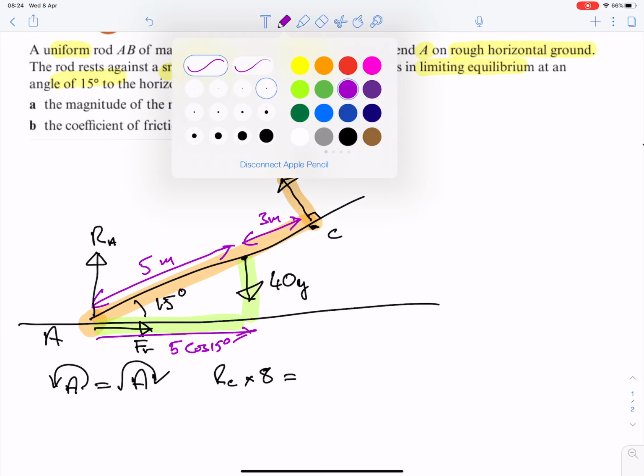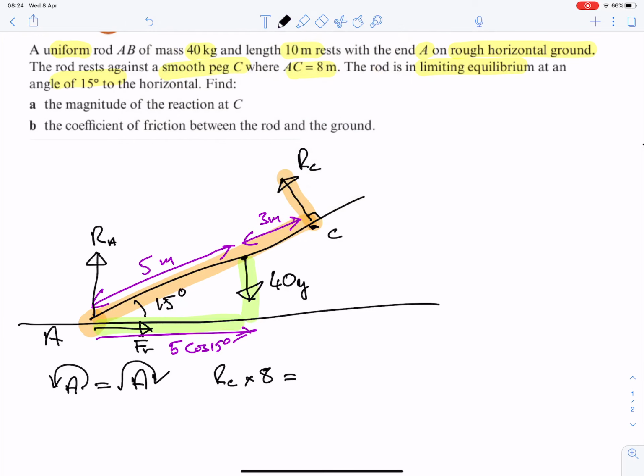So we are going to have 40G times 5 cos of 15.